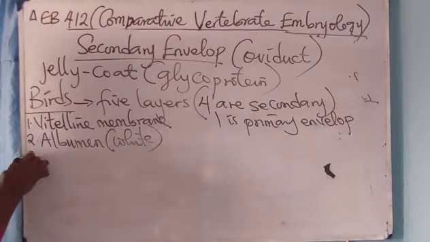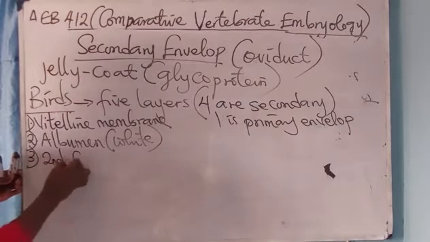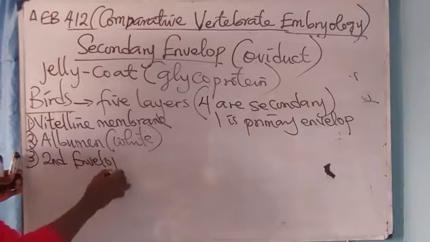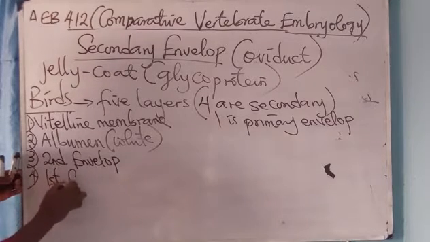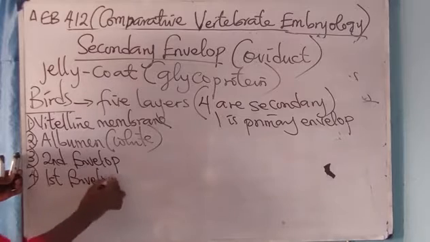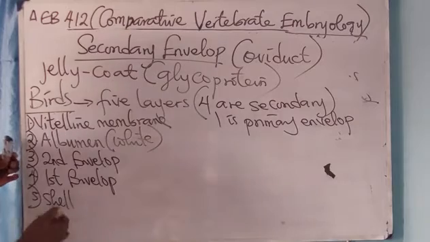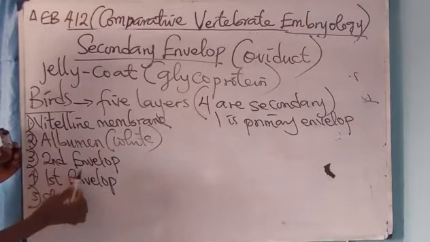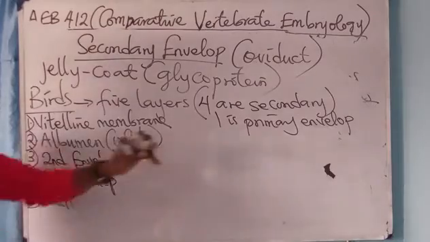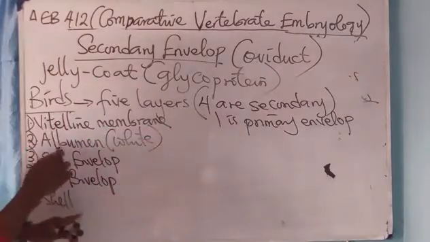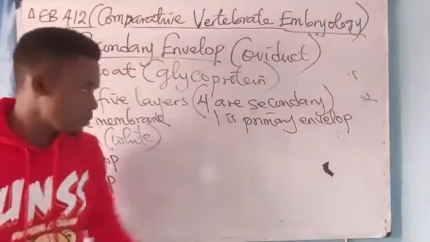Then 3, you have the second envelope. 4, you have the first envelope. And 5, you have the shell. So albumen, second envelope, first envelope, and shell are examples of what? Secondary envelope. They are 4 in number. Only this first one is the primary envelope. Take note of that.